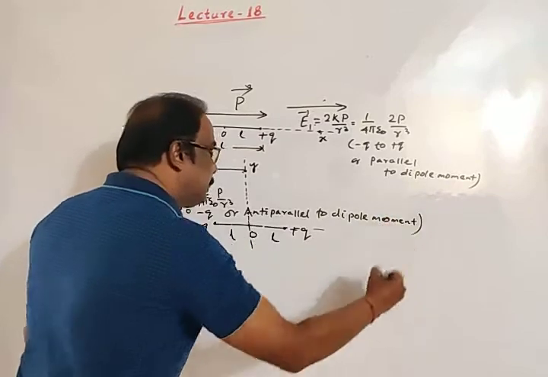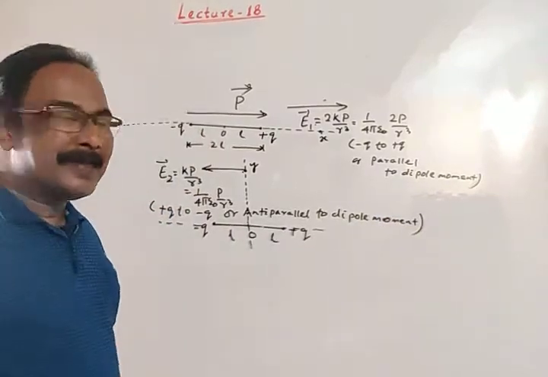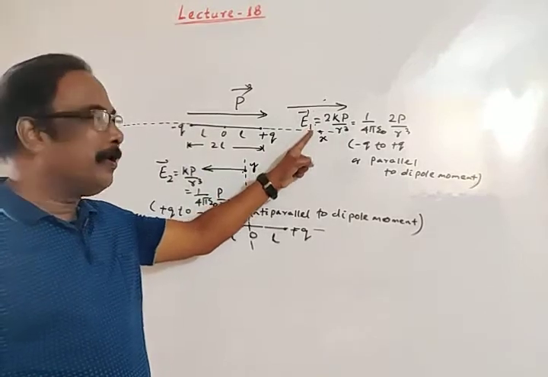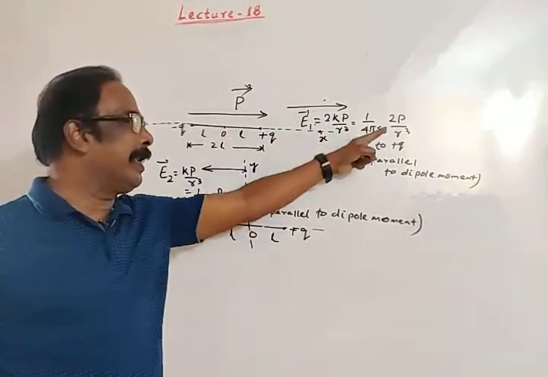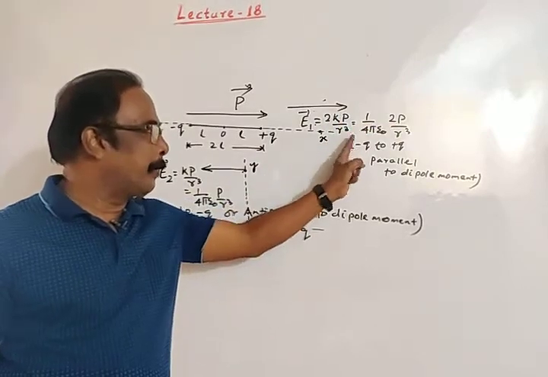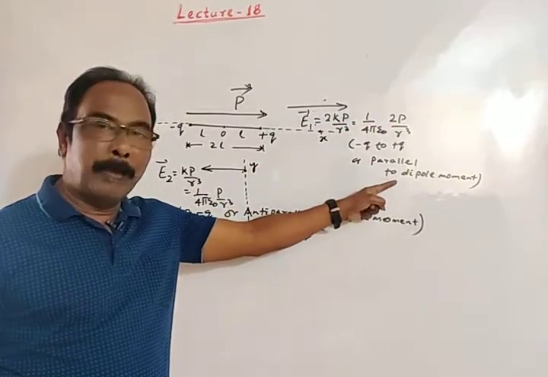This is about the previous lecture, lecture 17. Electric field intensity at the end-on position due to an ideal electric dipole is 2kp by r cube, which is parallel to the dipole moment.